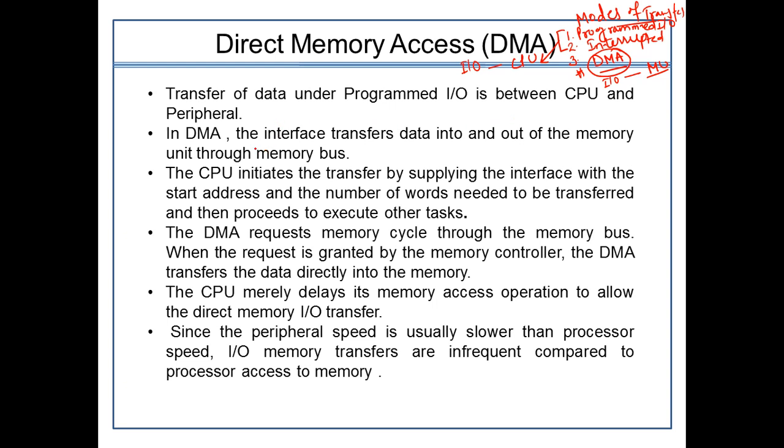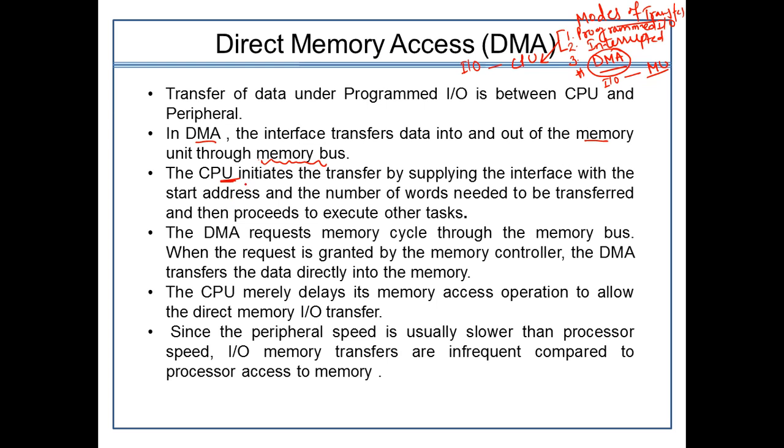We have already learned that in DMA there is direct access to the memory, and this access to the memory by the peripherals is done through the memory bus. The CPU always initiates this process first.